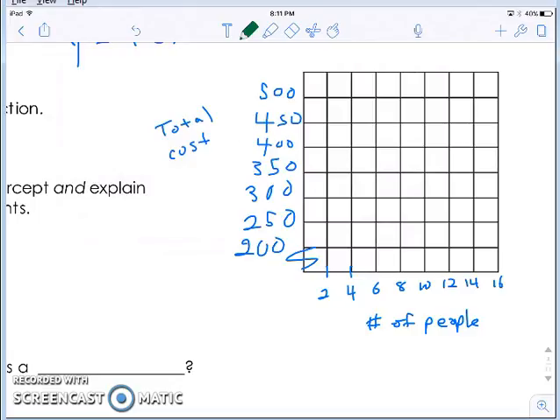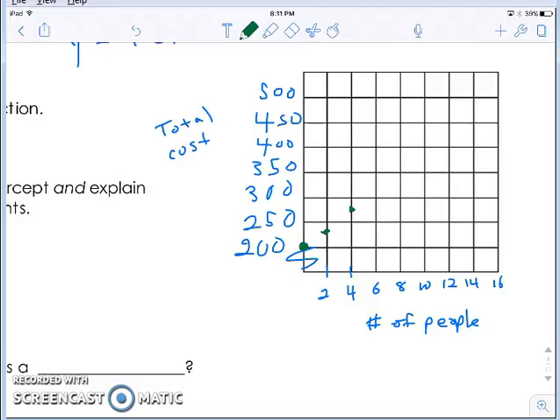So we know that our y-intercept is 200, so at 0 people we have 200. When we add 2 people, we add 18 times 2, so we're going to add 36. So we're just going to estimate that. We add 2 more people, it's going to be another 36.